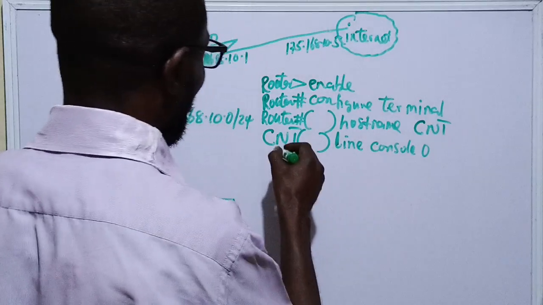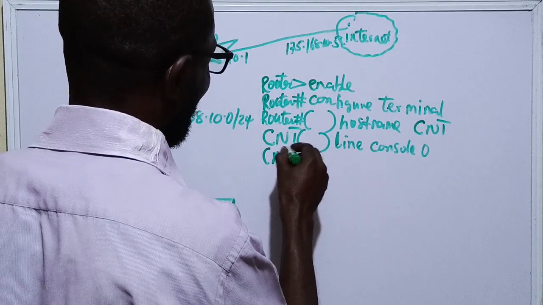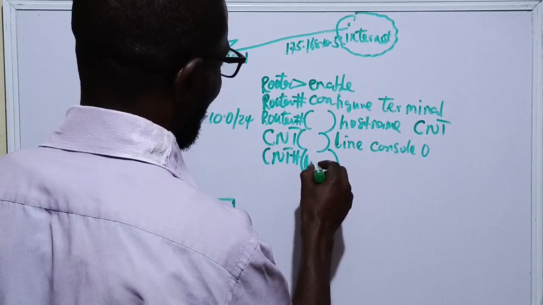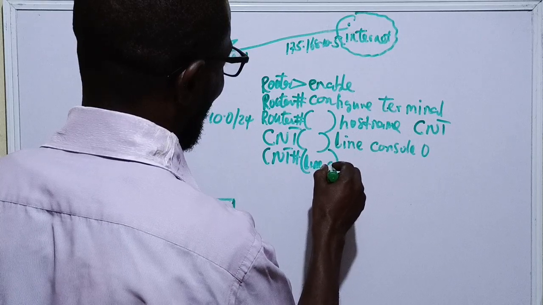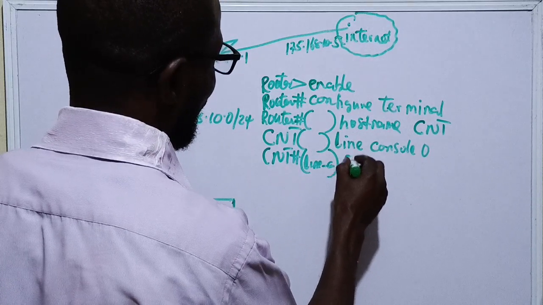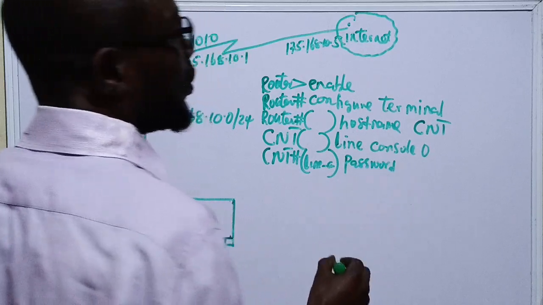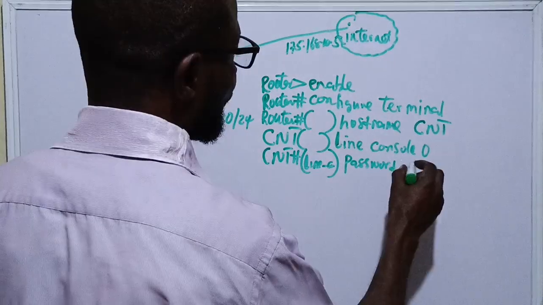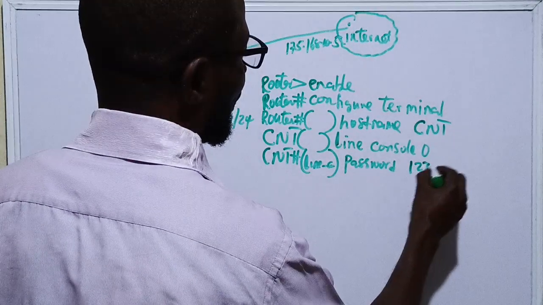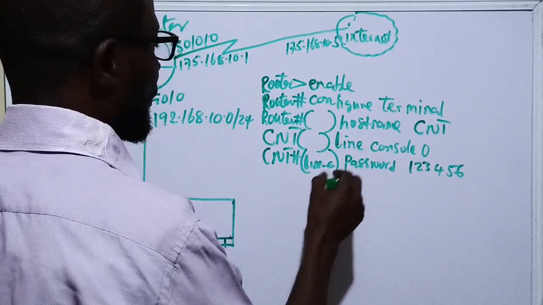You click enter, then you are in line configuration mode. That is how it will look like. In line console, you put password, let's say the password is 1, 2, anything you like, 3, 4, 5, 6, and you hit enter.